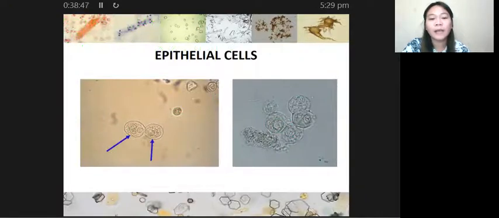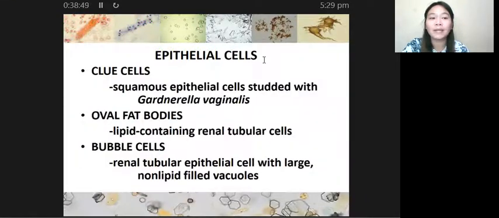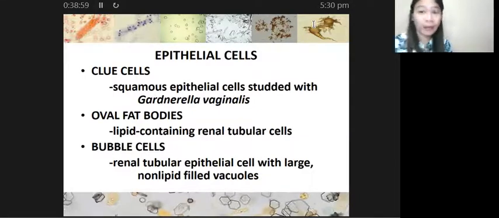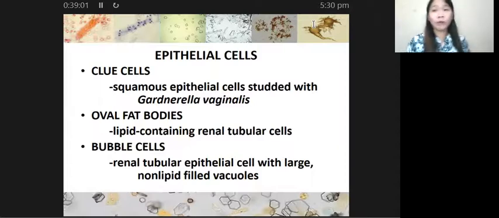Okay, so when it comes to our epithelial cells, meron pong mga variations. Okay, there are modified forms, kumbaga. So may I use the word modified. Okay, there are modified forms of your epithelial cells which may be present in your urine sample.